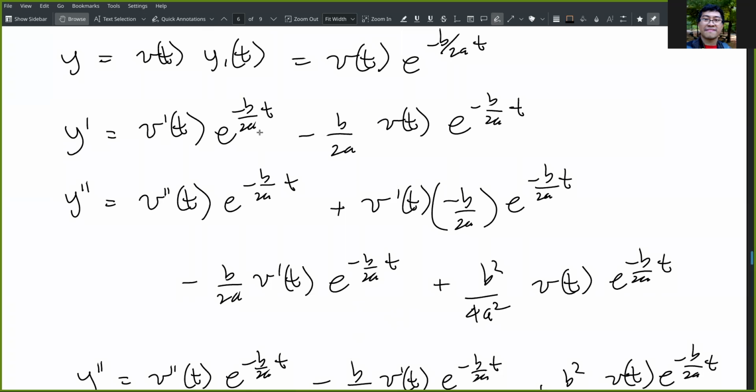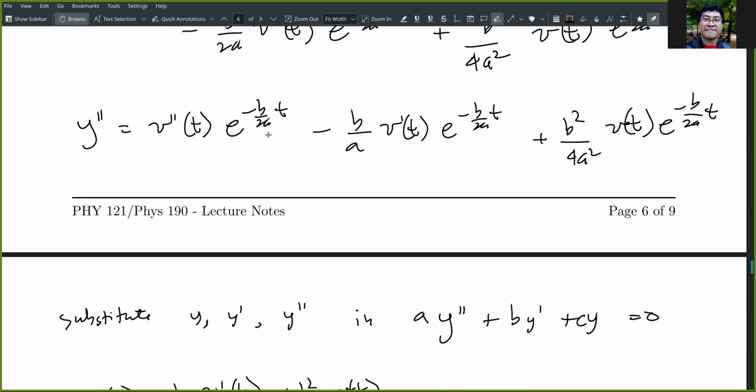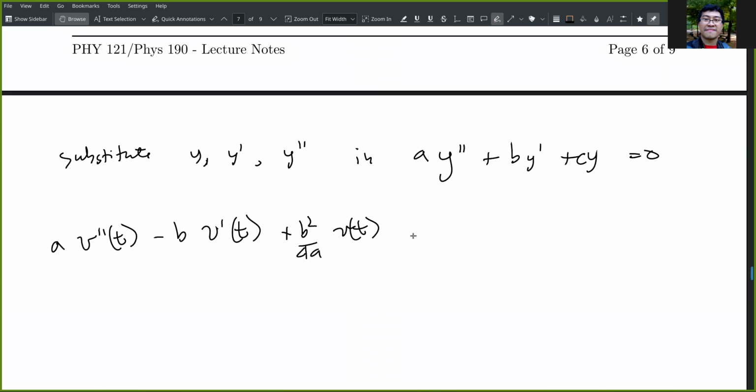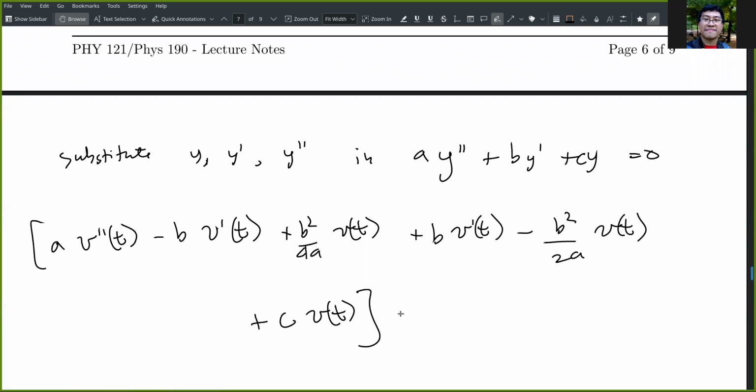So you have y prime multiplied by b, plus b v prime minus b squared over 2a v(t), and finally plus c v(t).